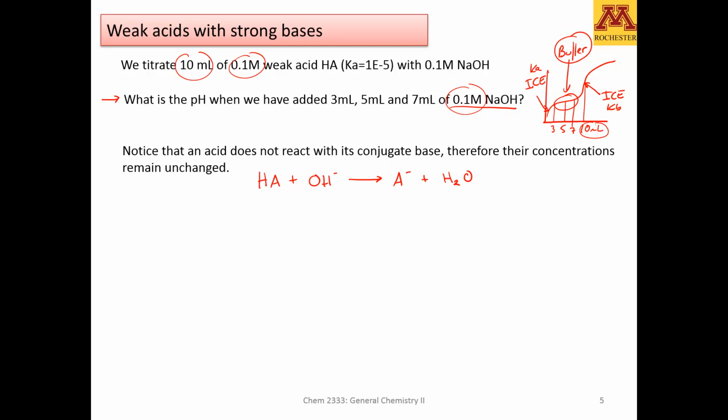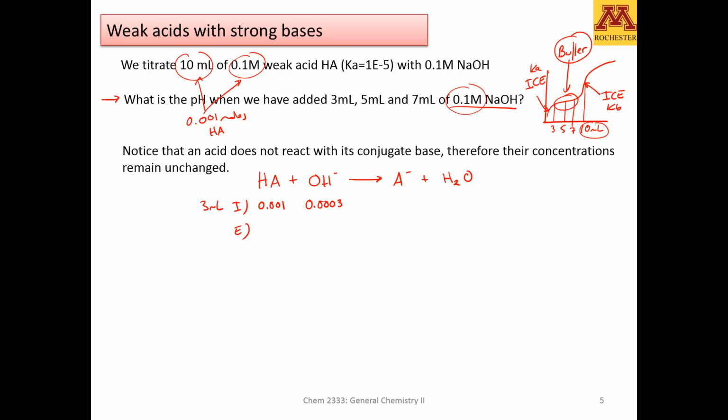If you remember from the previous video, initially I have 0.001 moles of HA. If I have added 3 milliliters, you would soon realize from the calculation that this is the limiting reagent, so this is for 3 milliliters, initially.